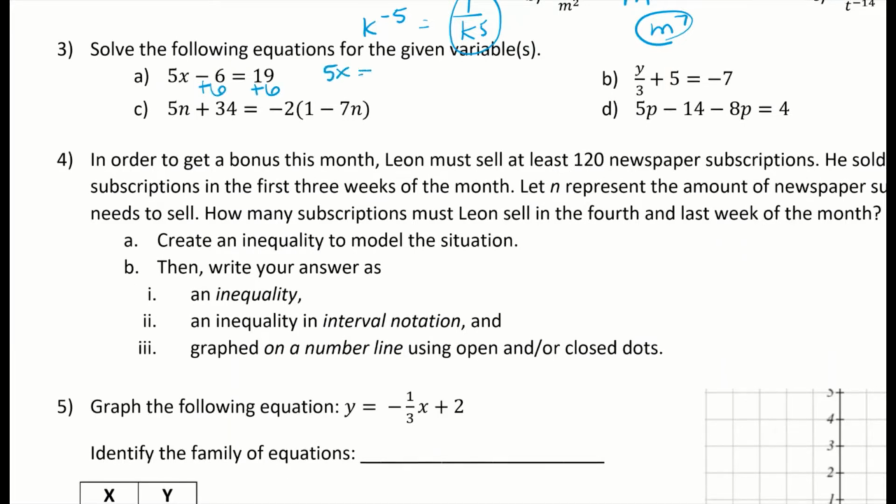So when we're solving equations, we need to get the variable by itself. So I'll add 6 to both sides, divide by 5, and I get x equals 5. For C, when we have parentheses, we want to use distributive property. And then I need to get the variables on one side, the numbers on the other.